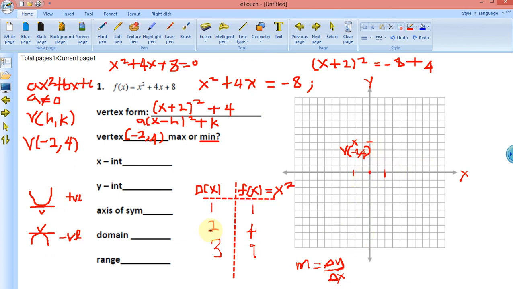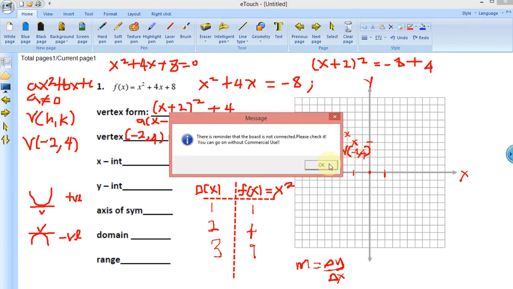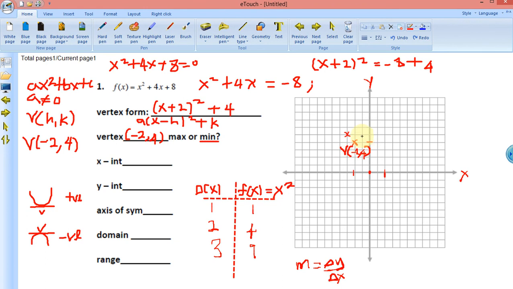So 1 means 1 step to the right and 1 step up. 2 here, 2 steps to the right and 4 steps up. 3 steps to the right and 9 steps up, something like that. So from the vertex, 1 step to the right, then 1 step up, and end here. Then from the vertex again, do it to the other side, 1 step to the left, just like a mirror of it, and 1 step up too.